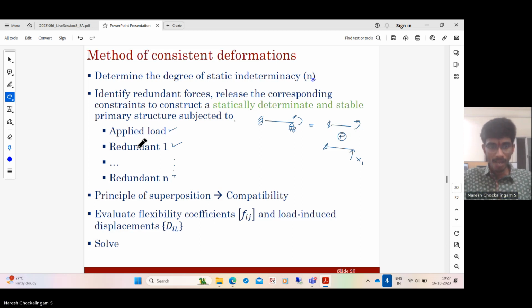So now, as it is a linear elastic structure, we can use the principle of superposition. Whatever system of forces and reactions we have on the structure, we can decompose it as the primary structure subjected to the applied forces, plus the primary structure subjected to the redundant one, plus the primary structure subjected to the other redundants. The superposition of all these should respect the geometric constraints.